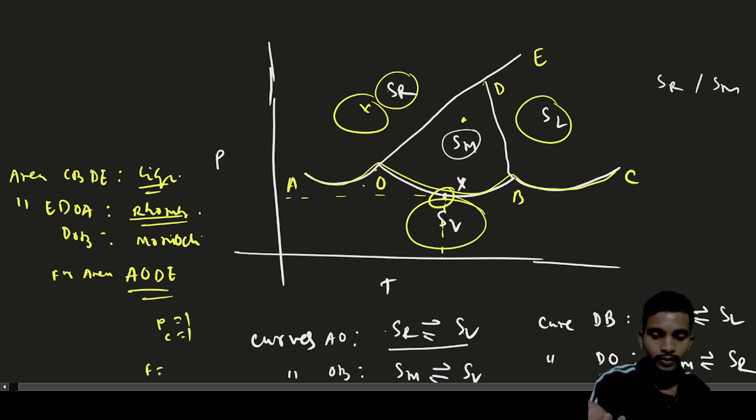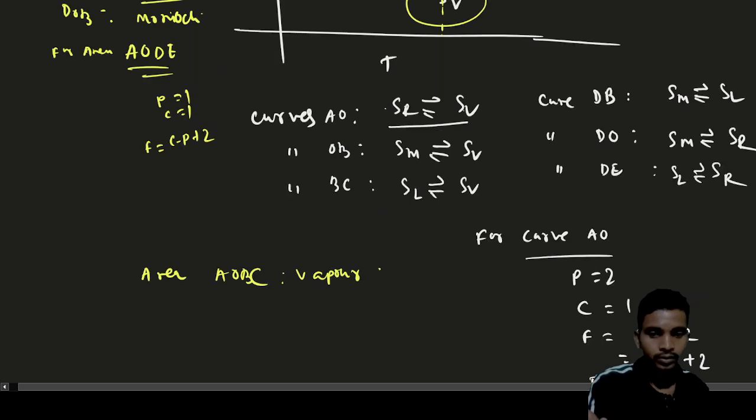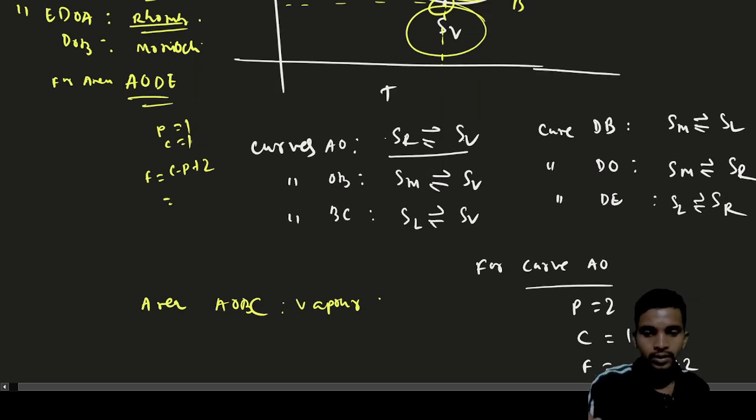So F equals C minus P plus 2, 1 minus 1 plus 2, that is 2.